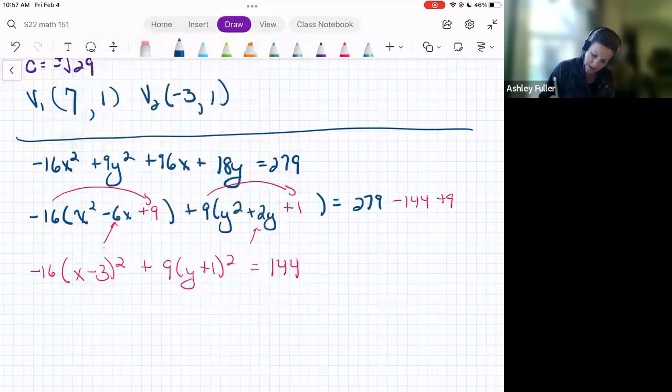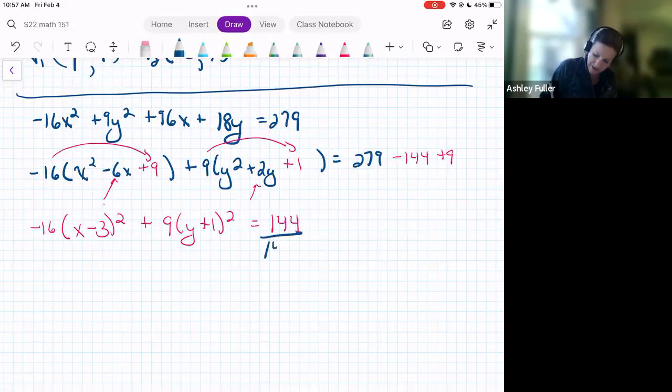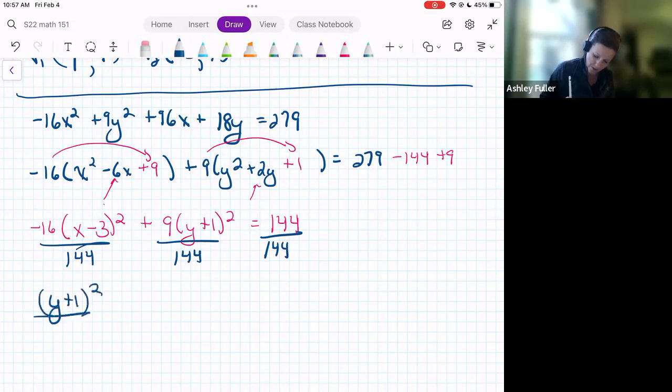Continuing on, I want to switch my order so that the negative sign comes second, and I'm also going to divide by the 144. So when I switch my order here, I end up with (y plus 1) squared over 16 minus (x minus 3) squared over 9 equals 1.